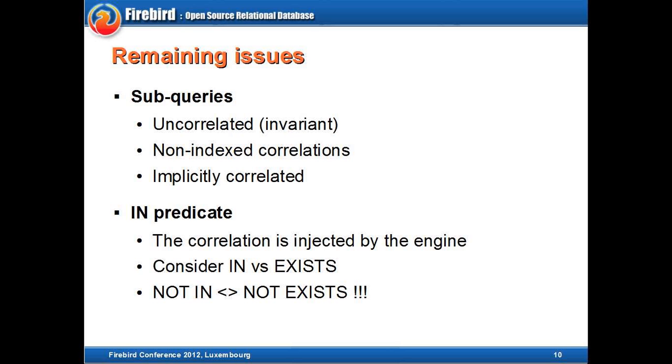So there is a join condition that makes the table and the derived table dependent. But this join condition cannot be pushed inside the derived table because it doesn't use any indices, so it's pointless to push it there. So actually, these two parts are correlated, but the correlation condition is external. It's outside the derived table.